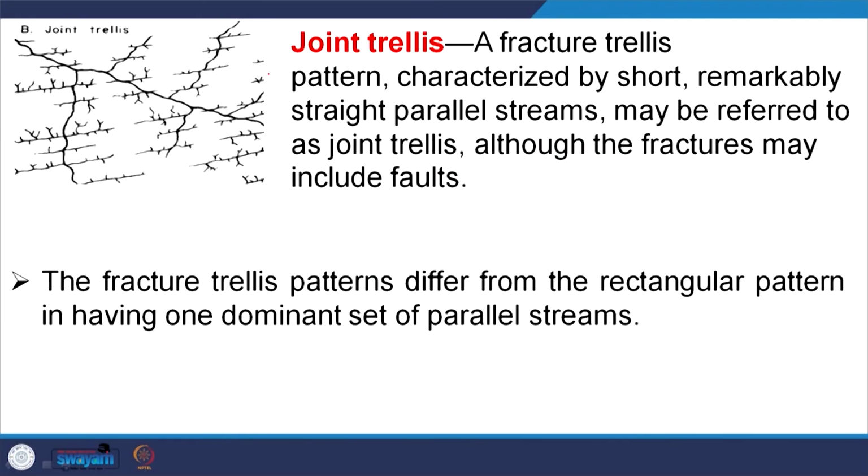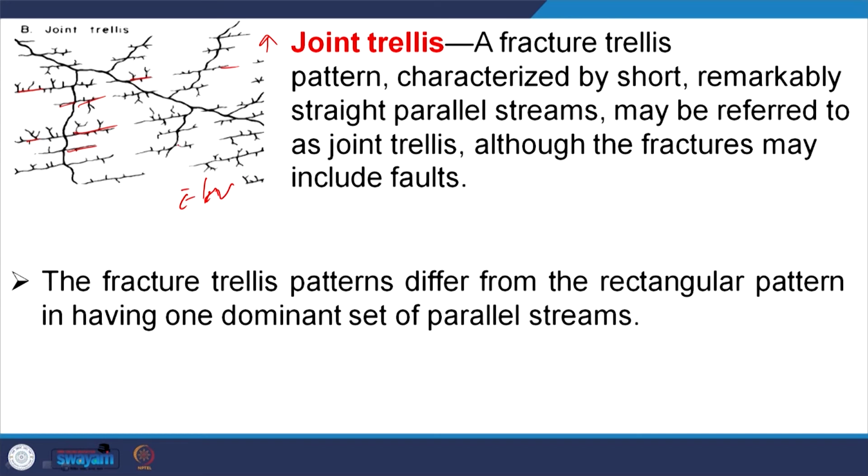Then another type of modified basic trellis pattern is the joint trellis. A fracture trellis pattern characterized by short, remarkably straight parallel streams may be referred to as joint trellis, although the fractures may include faults also. Here, one set of joints, for example, is nearly east west, if we consider this as north.